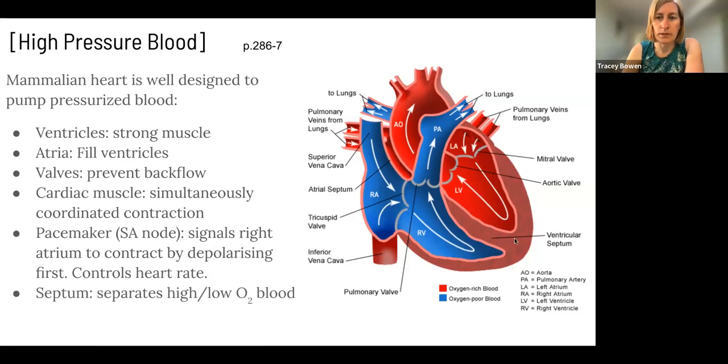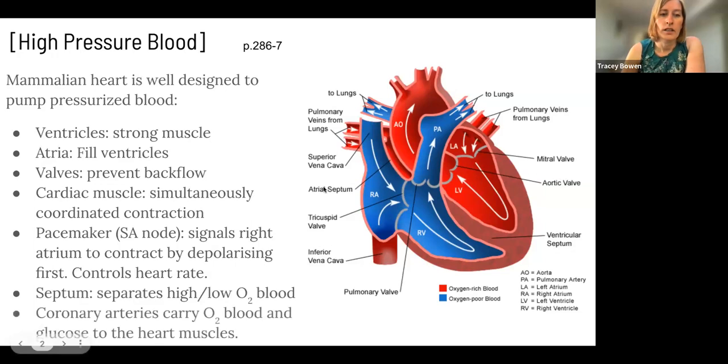And then there's the septum, that's this big muscular divider here that's going to keep high and low oxygen blood separate from each other. Coronary arteries carry oxygen to the heart and glucose to the heart also, as well as dropping off carbon dioxide for removal.